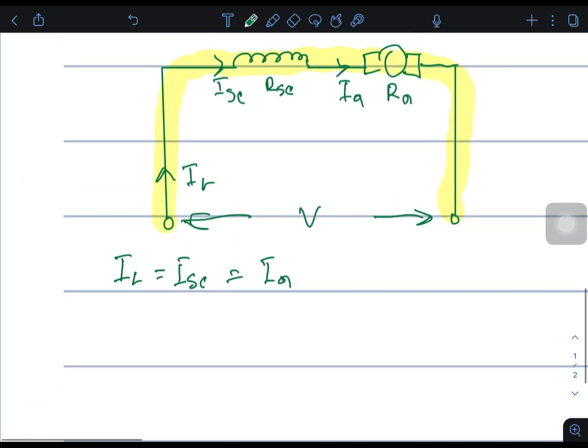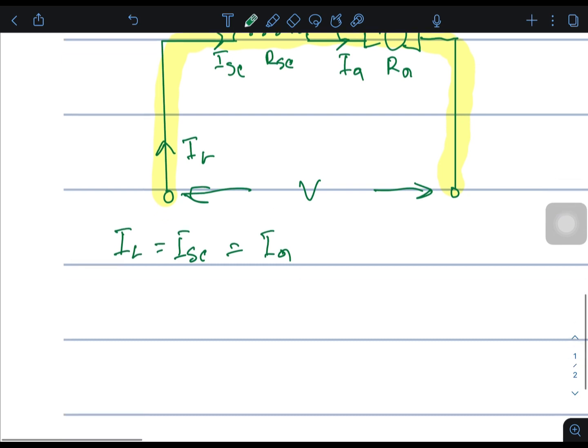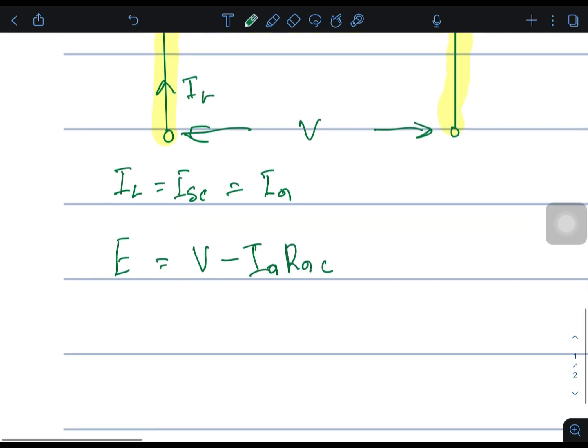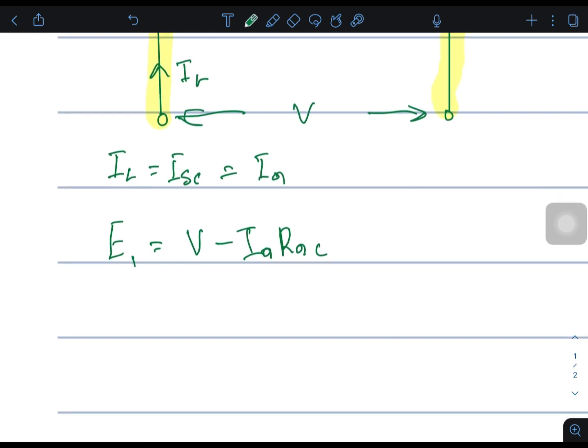Where we want the back EMF, the formula applies: E is equal to V minus IA RAC, and this E1 is for the first condition, with the armature current of the first condition.